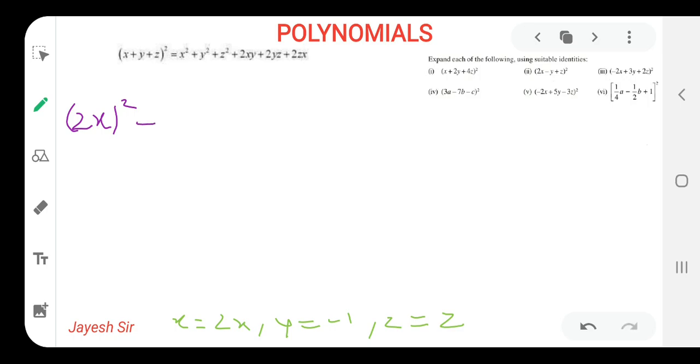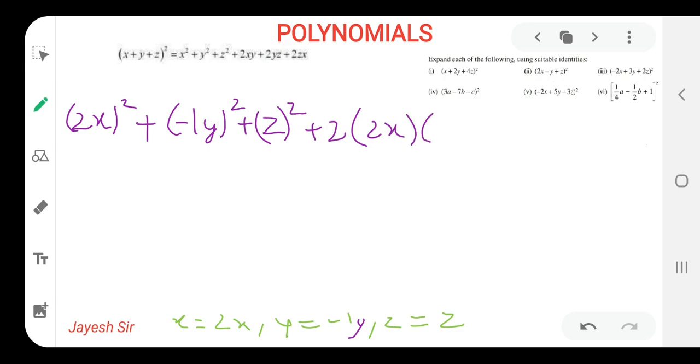Plus z plus -1 y. -1 y was our value for y, that is -1 y square, plus z as it is, that means value of z is z, so that we can write right over here. 2 as it is, value for x is 2x and value for y is -1 y.